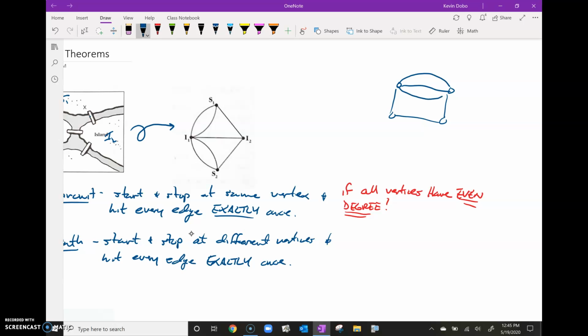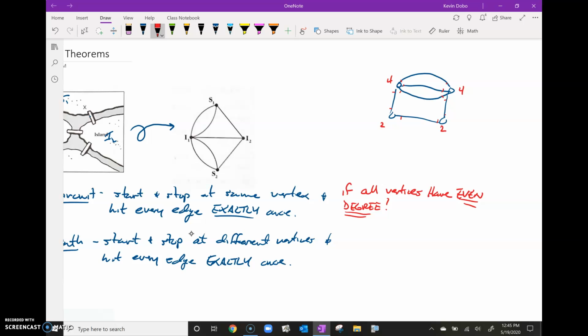So I know that this graph has an Euler circuit if I just look at the degree of each vertex. This first vertex has two edges touching it, so that has a degree of 2. The second one has a degree of 2. This one has a degree of 4, and this last one has a degree of 4. So notice every vertex here has an even degree.